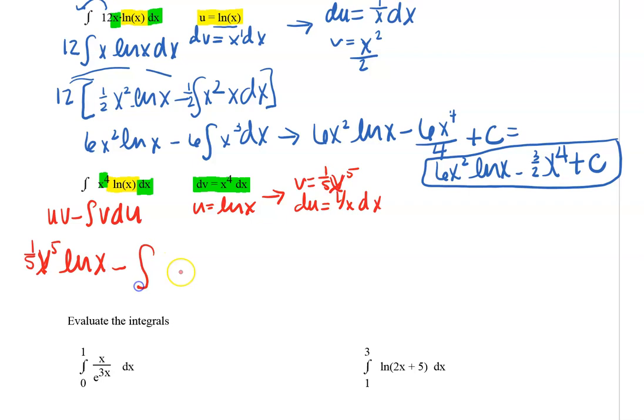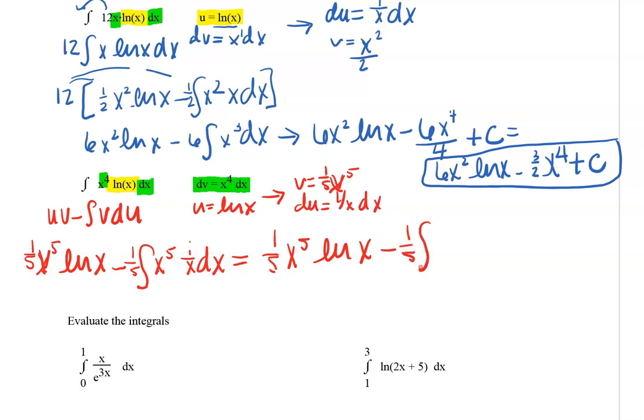Minus the integral of v, which was 1/5 x to the 5th, du, which was 1 over x dx. So cleaning that up, that gives me 1/5 x to the 5th ln x minus 1/5 the integral of x to the 5th times 1 over x, which just reduces to x to the 4th dx, and then we can integrate that.